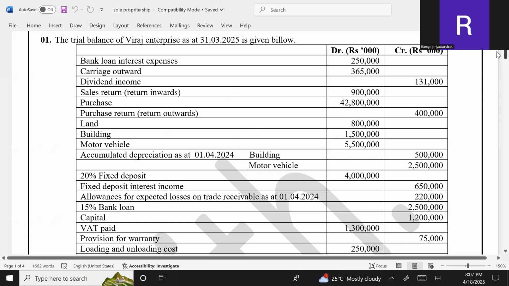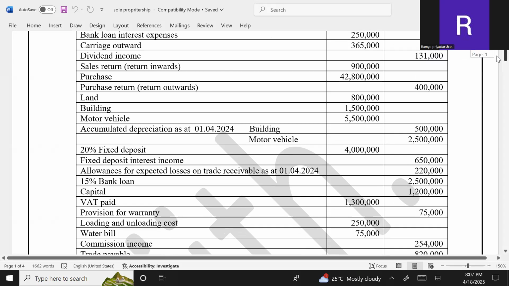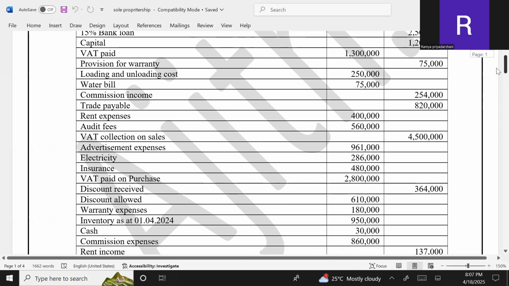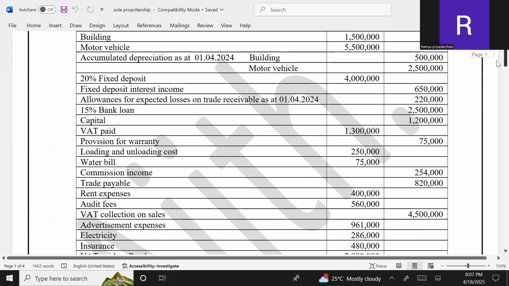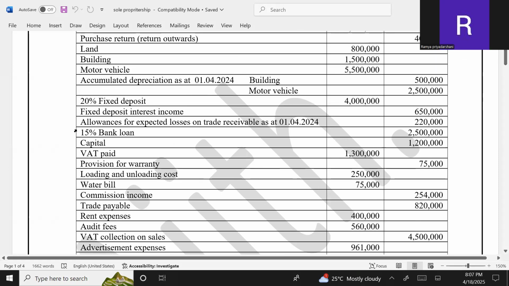Right from the beginning, when preparing financial statements based on a trial balance, you have to complete the adjustments. In this example, these parts are very important. Fixed deposits at 20%, as well as a bank loan at 15%, and VAT are given.